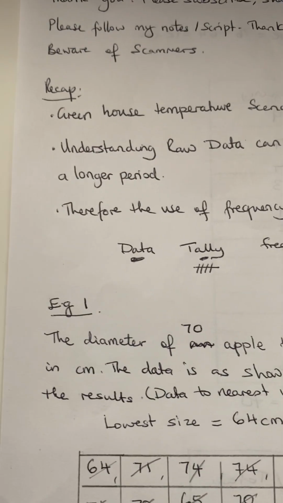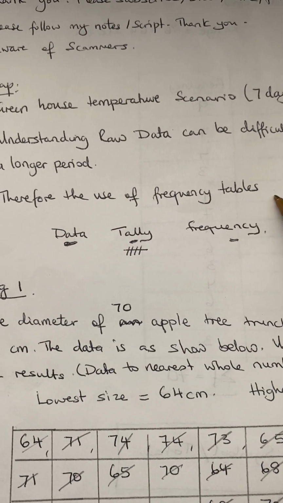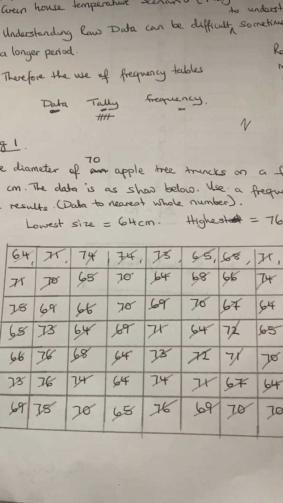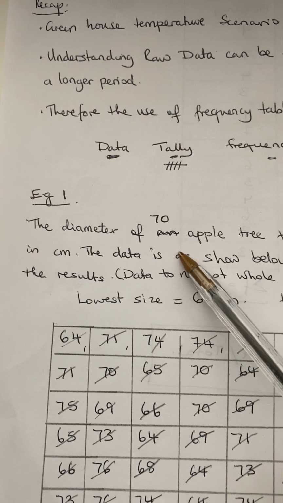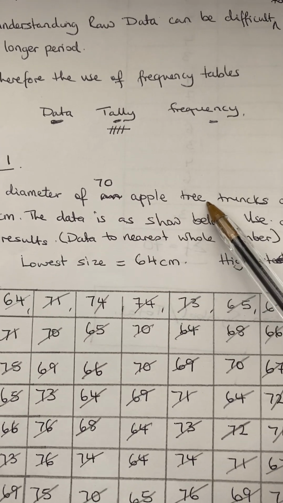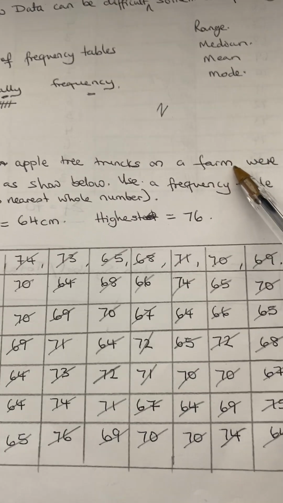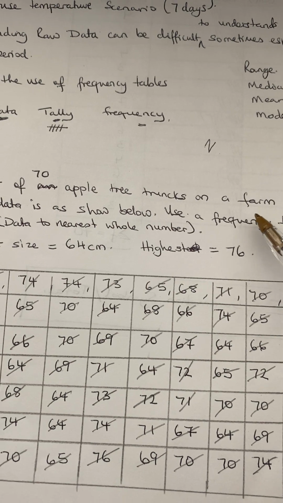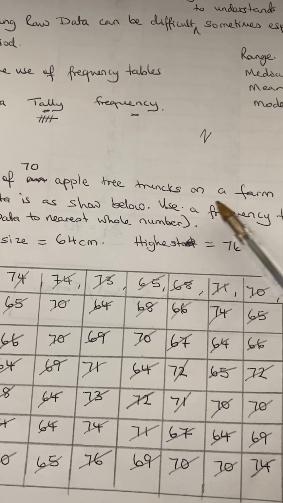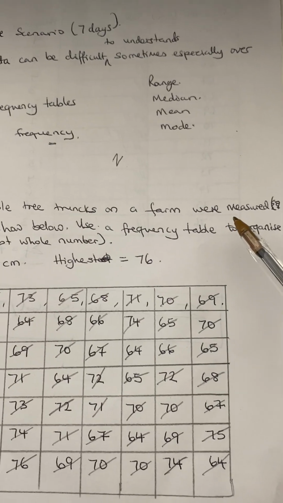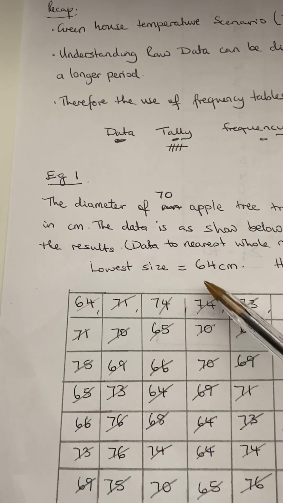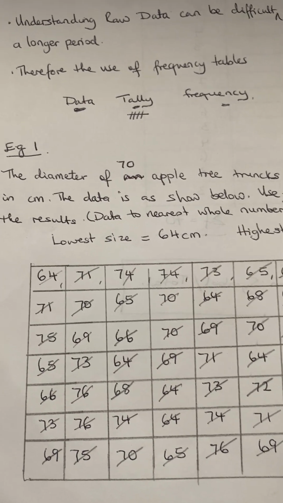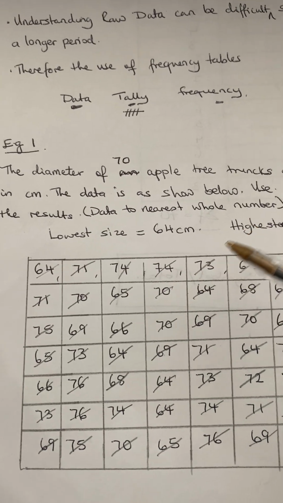Okay, so now this is where the frequency table comes in. I've brought you a very large set of data, and this is about the diameter of 70 apple tree trunks on a farm. This farmer decided to measure the trunks of his apple trees in centimeters, and he gave us the data of the first 70. There could be lots more, but he did 70 and he stopped.